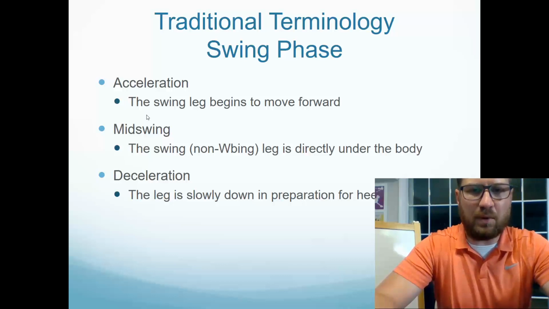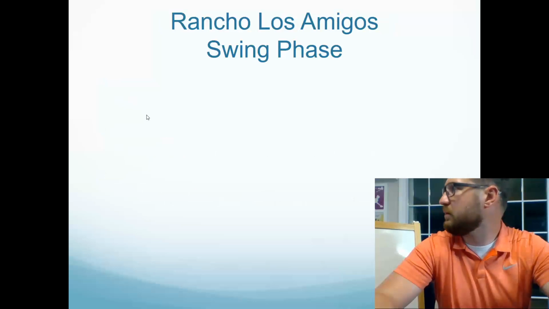In mid-swing, the swing or non-weight bearing leg is directly under the body, and in deceleration, the leg is slowing down in preparation for heel strike. So those hip extensors are firing eccentrically. The knee flexors are firing eccentrically to slow down the extension, keeping it from snapping into place.